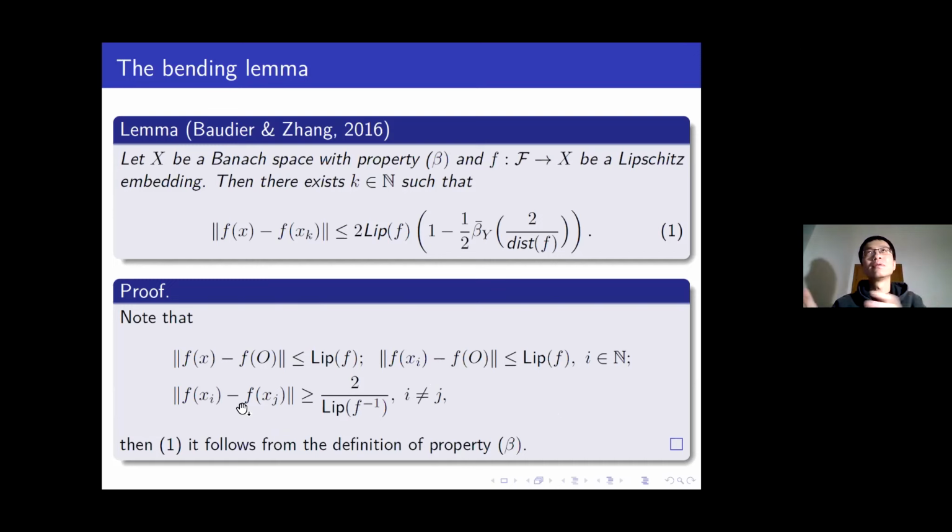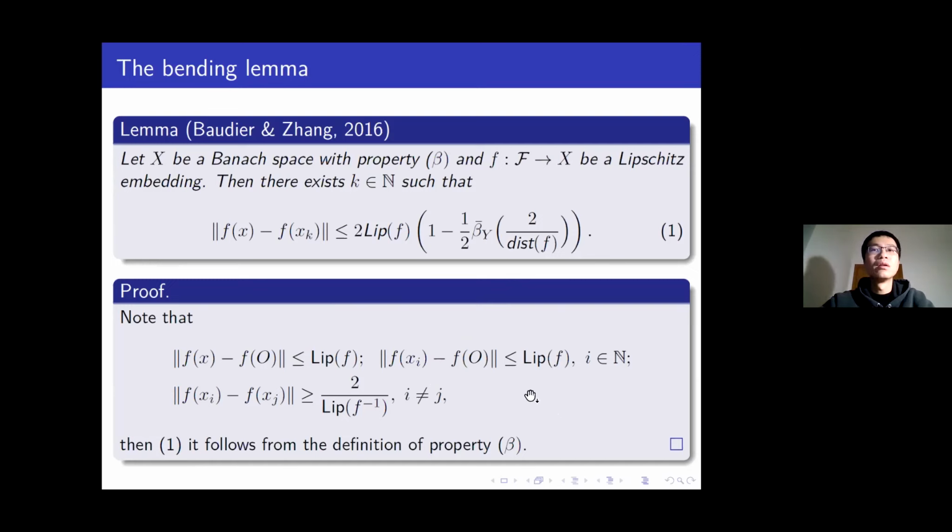So you use the other inequality in the Lipschitz embedding condition. So you get that the distance between the images of tips must be at least 2 over the Lipschitz constant of f inverse.